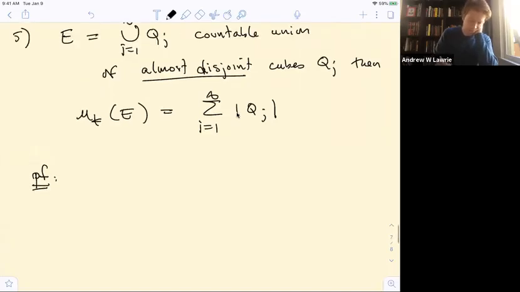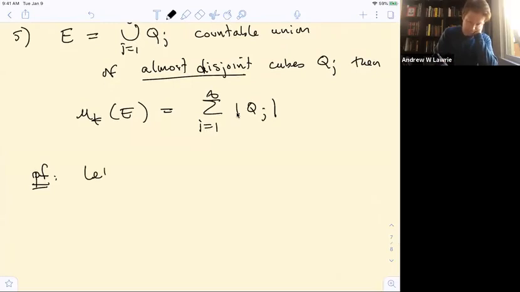So let's prove this property. We have these QJs, which are closed almost disjoint cubes.